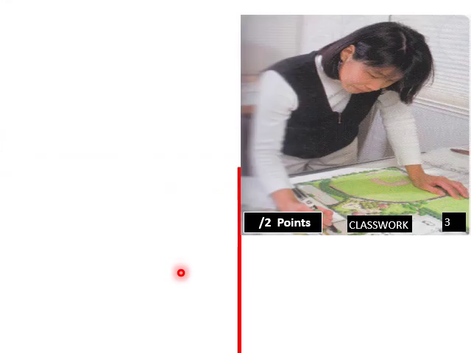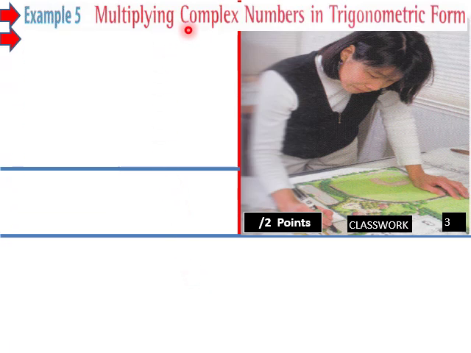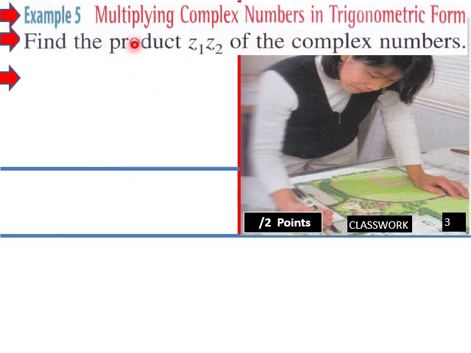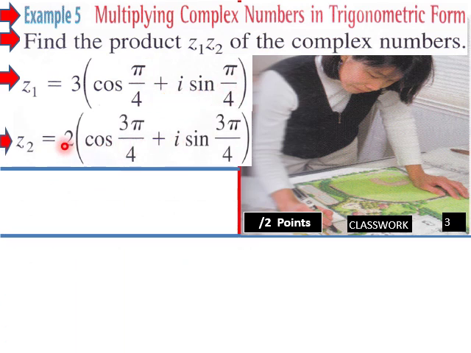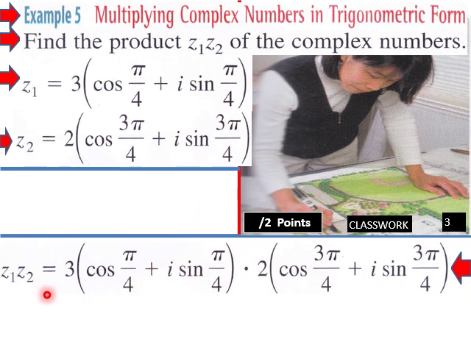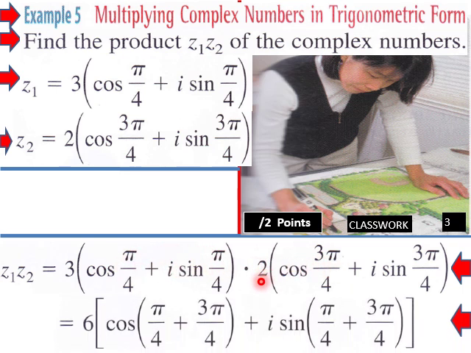Let's try an example of these properties: multiplying complex numbers in trigonometric form. Find the product Z1 Z2 of the complex numbers Z1 equals 3 times quantity cosine pi over 4 plus i sine pi over 4, and Z2 equals 2 times quantity cosine 3 pi over 4 plus i sine 3 pi over 4. So now we multiply, and it's illustrated down here.